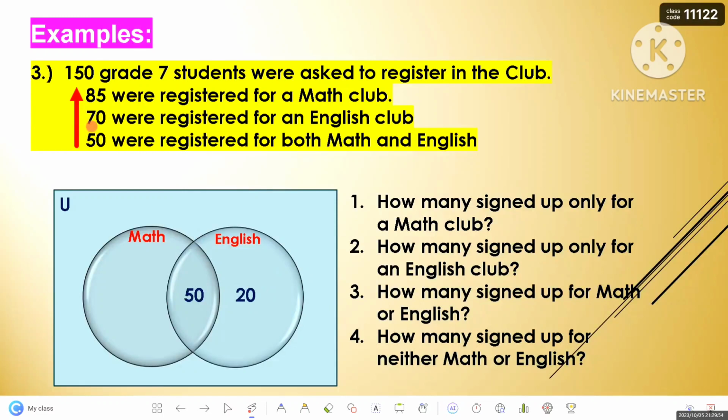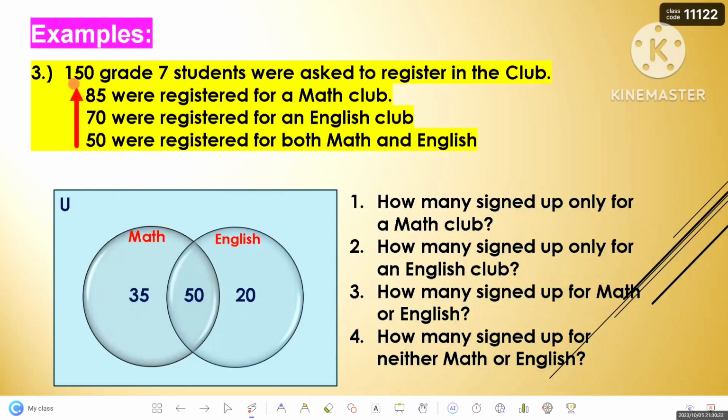Next, yung last, yung 85. 85 were registered for a math club. Since we already have 50 here, 85 minus 50, the answer is 35 because 35 plus 50 equals 85. So, meron na tayong 35, 50, and 20.